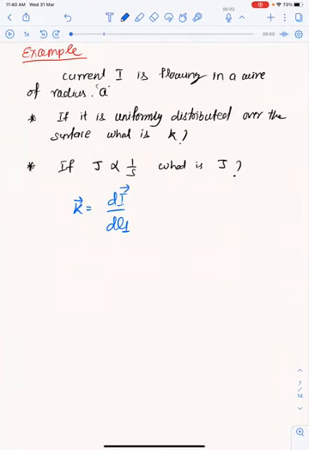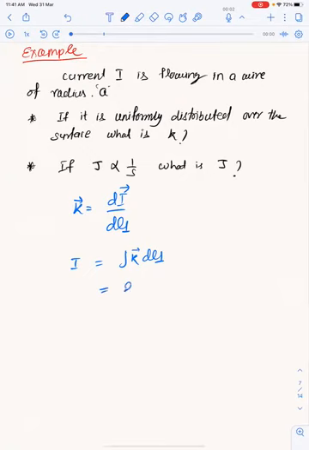Now your I will be the integral of K dl perpendicular. Since it is uniformly distributed, you can take K out of the integration, and dl perpendicular integrates to your circumference.